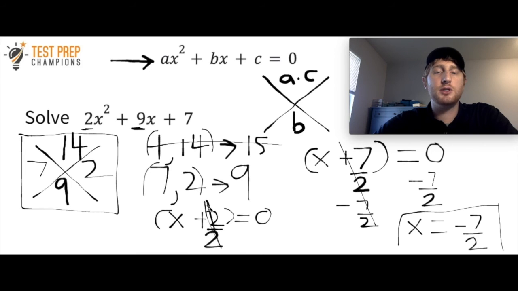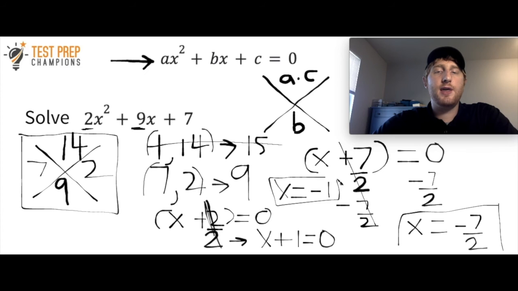So I can really just simplify this and draw an arrow here to show what I'm doing as x plus 1 equals 0. If I solve it for x, I'm going to get x equals negative 1. So the other solution is x equals negative 1.